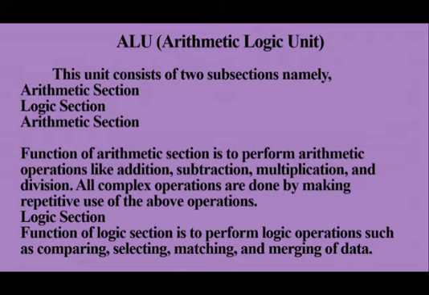The function of the arithmetic section is to perform arithmetic operations like addition, subtraction, multiplication and division. All complex operations are done by making repetitive use of the above operations. Logic section. The function of the logic section is to perform logic operations such as comparing, selecting, matching and merging of data.